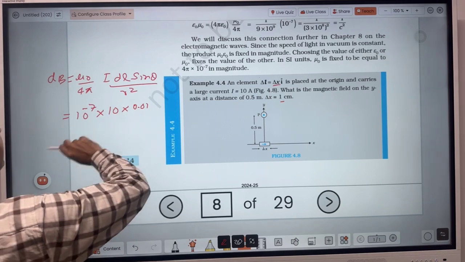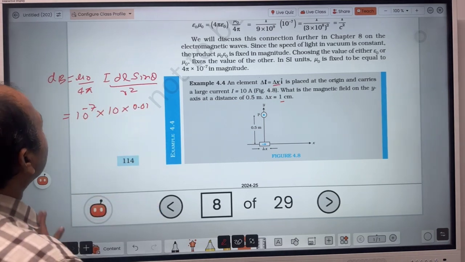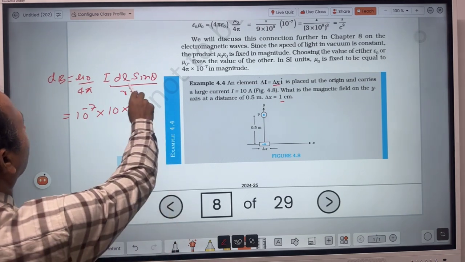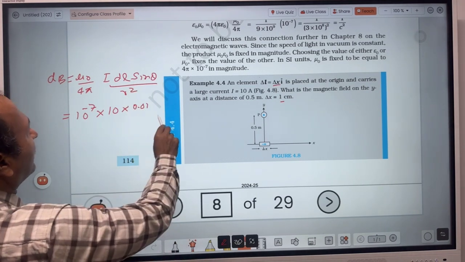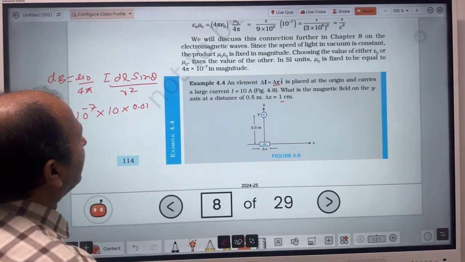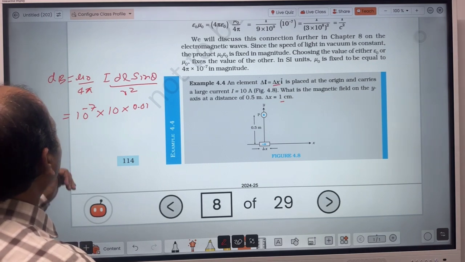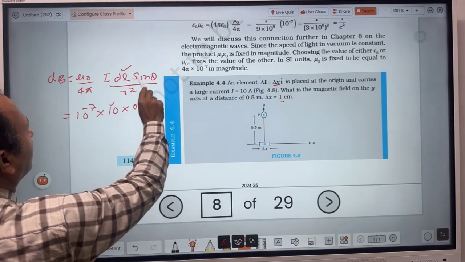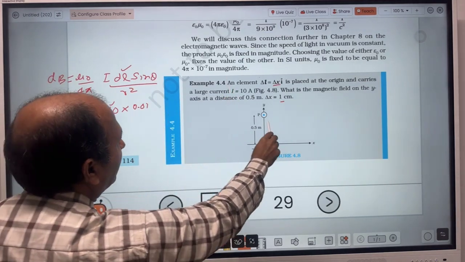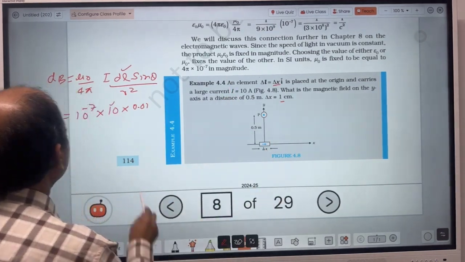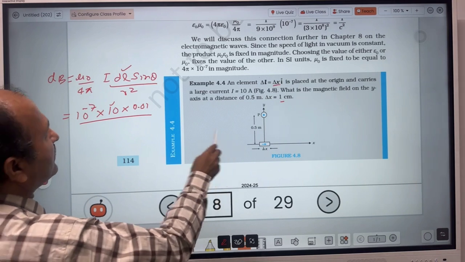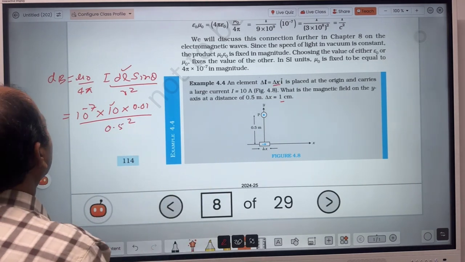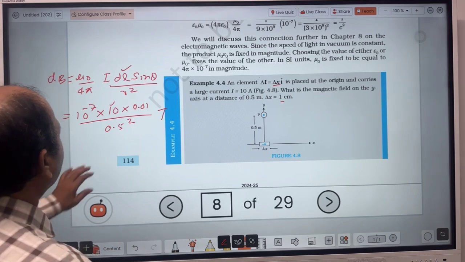If you want to write its magnitude only, then it's okay, otherwise you can take it in terms of vector also. So later on we will see, for getting the direction of the field we can use vector form, but here just put the values. So I dl sin theta is 1 because perpendicular, this y-axis, this is x-axis, divided by separation square, distance is 0.5 square. So from here you can get the value of magnetic field in Tesla.